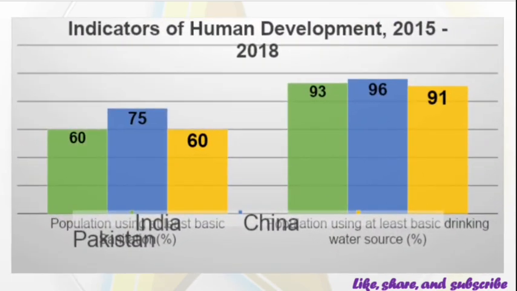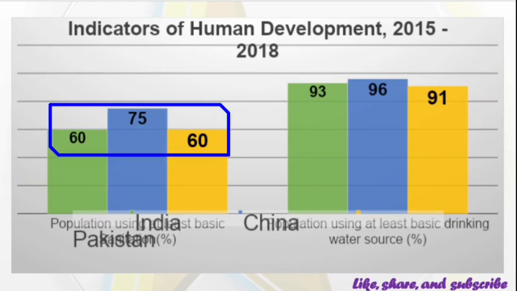This is the last slide with the graph. Both India and Pakistan had 60% of the population using at least basic sanitation facilities, and China had 75%.